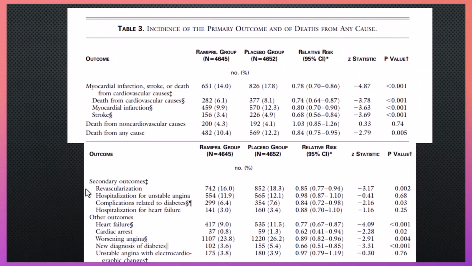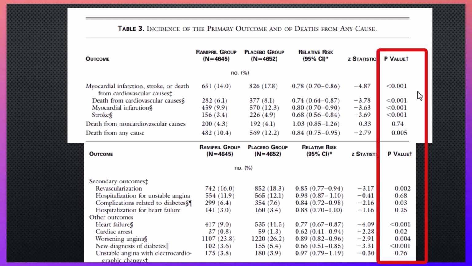Let's go back to the table. This is the full table of both primary and secondary outcomes from the Ramipril study. Well, let's just take a peek at our p-values. As we look down the line, we have several p-values that are statistically significant. Here, the death from non-cardiovascular causes is higher than 0.05, so now we are statistically insignificant.